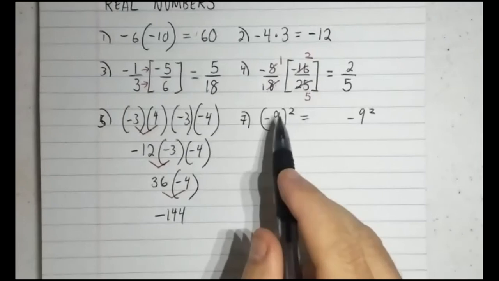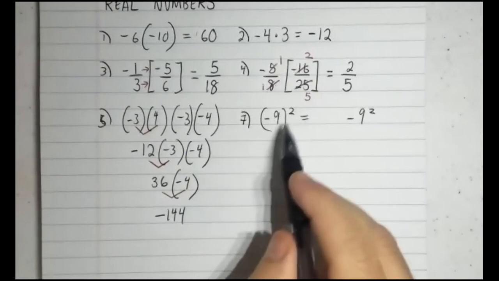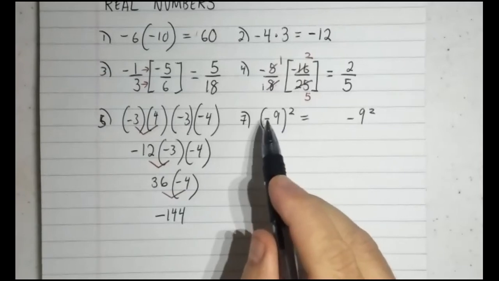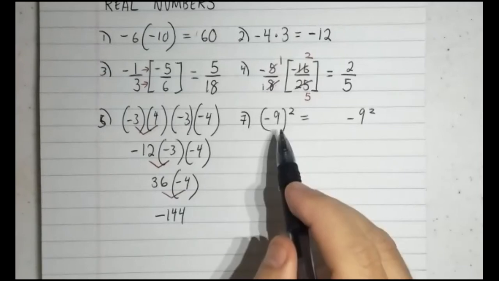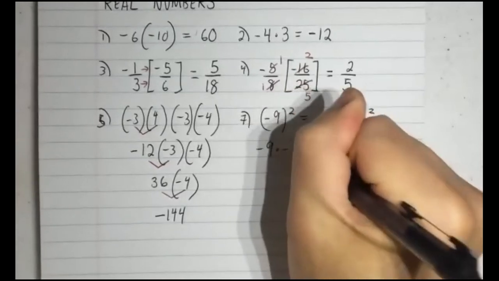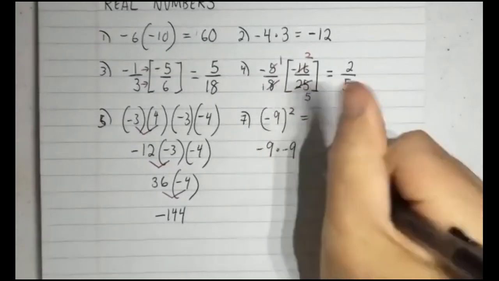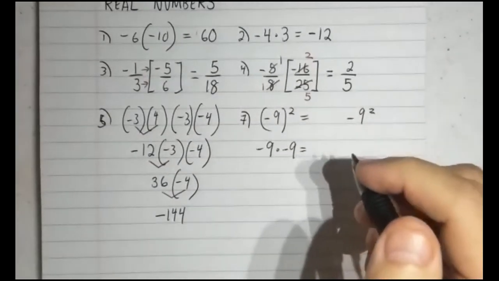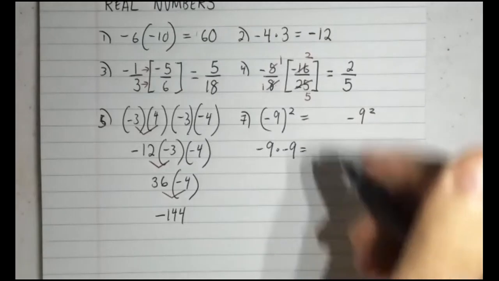The reason being, these parentheses make a very big difference. Since the negative 9 is inside the parentheses and then it's squared, that means negative 9 times negative 9. And we know a negative times a negative gives me a positive.